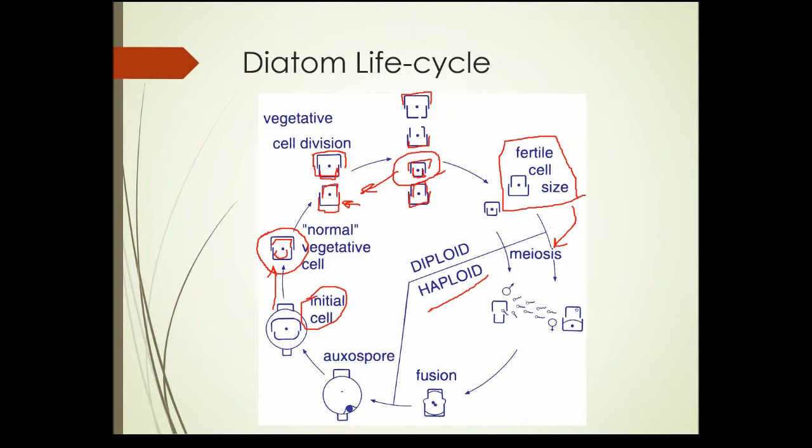These haploid cells fuse and result in something called an auxospore, in which develops this new full-sized diatom cell. Kind of a complicated life cycle, but in order to maintain the average size, they have to go through this process.